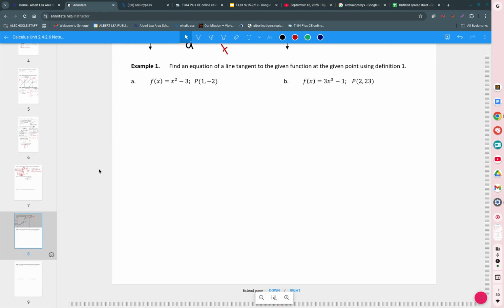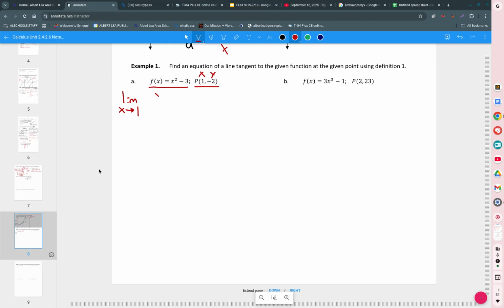It says find an equation of a line that is tangent to the given function at the given point using definition number 1. So this is my function, this is my coordinate, my x value and my y value. And so we have the limit as x approaches, anybody know what x value I'm approaching? 1. 1, right there.